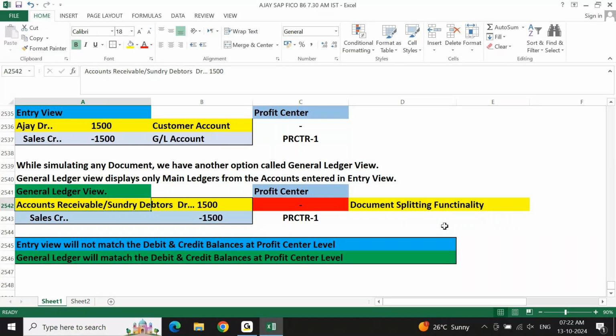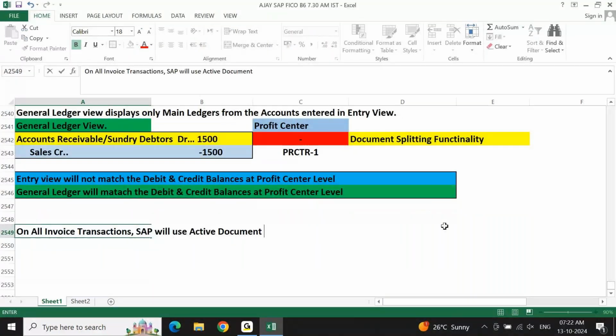Whenever you are talking about any kind of transaction, now this is an invoice transaction, right?